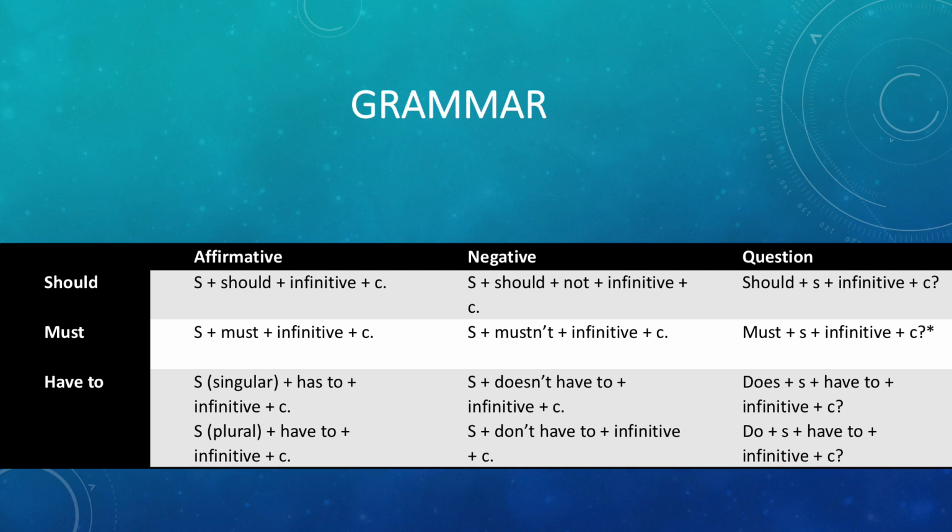Must is preceded by subject and followed by an infinitive verb. In the negative, it's negated by adding not. And in the question, it's brought to the beginning and the sentence is ended with a question mark. Have to is treated like a normal verb in the present simple tense, so the same rules apply.